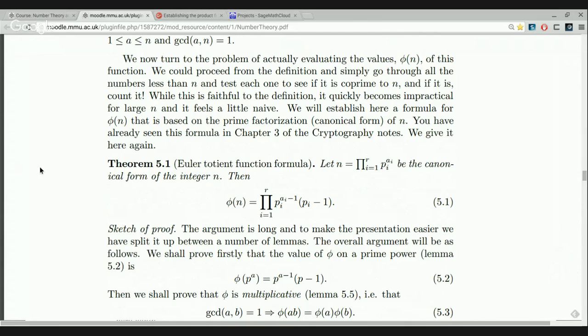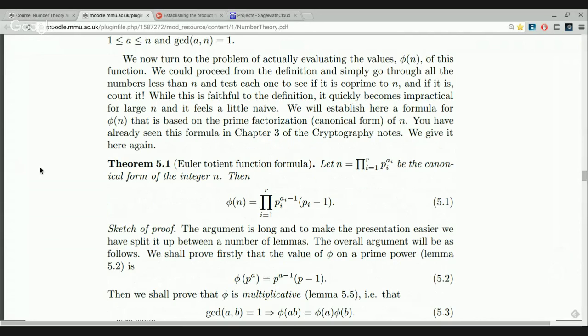Well, the pi's and ai's come from the prime factorization of n. We're familiar from our earlier chapter on primes that every integer factors uniquely into a product of primes. And we have this canonical way of writing the integer n as the product of powers of primes. So p1, p2, all the way up to pr are the distinct prime factors that n has, and ai are their respective powers in the factorization of n.